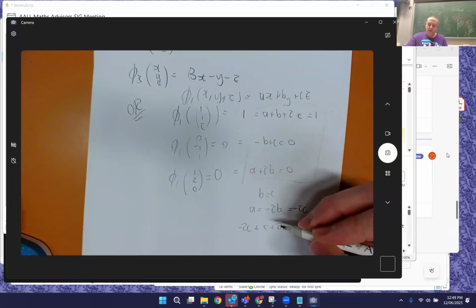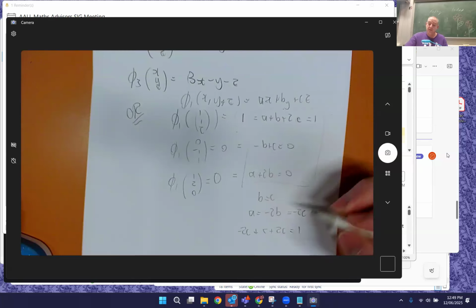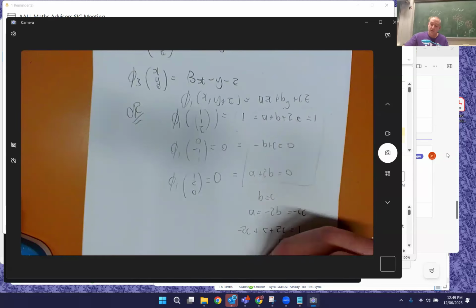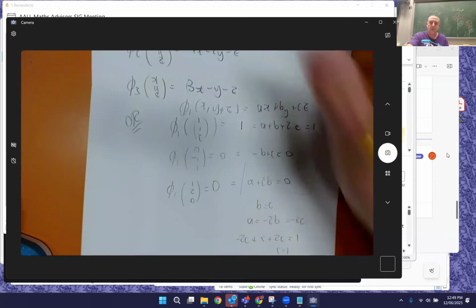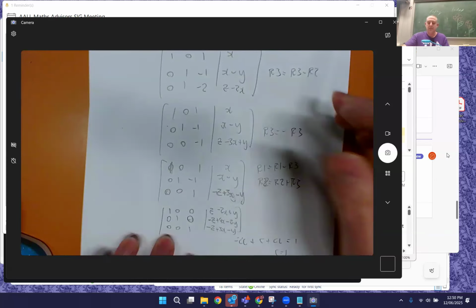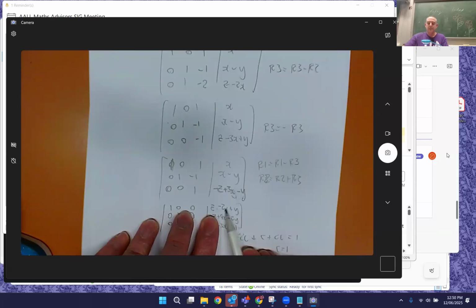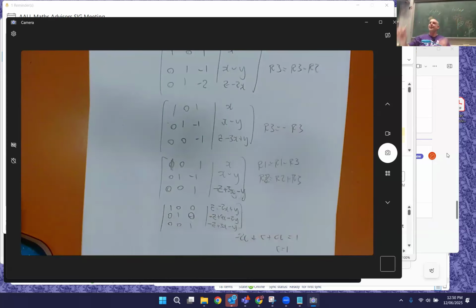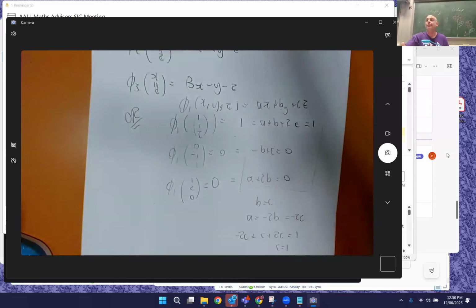And so we've got that c equals 1. And so you've got 1, 1, minus 2. Yeah, there it is. 1 for z, 1 for y, and minus 2 for x. Okay, and then you do that for all of them.